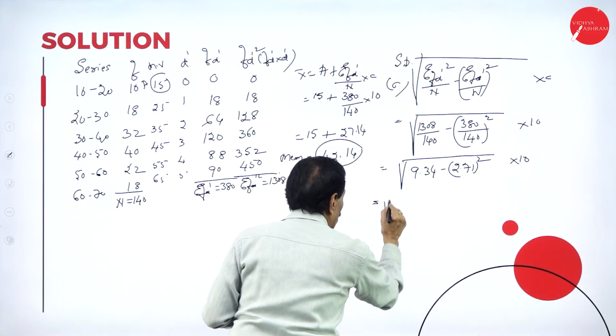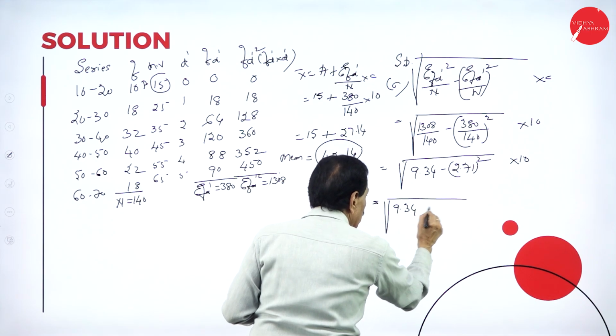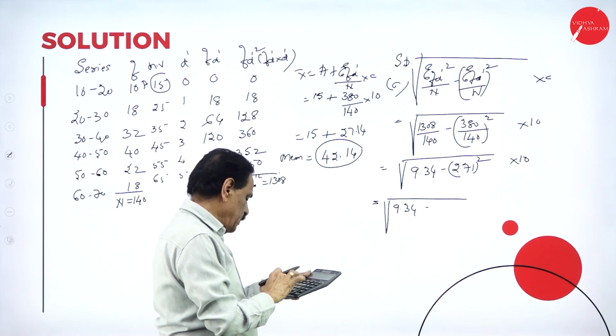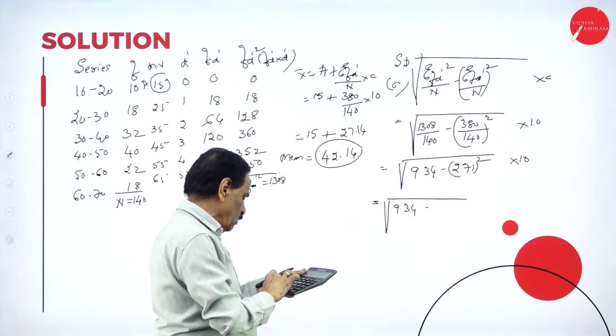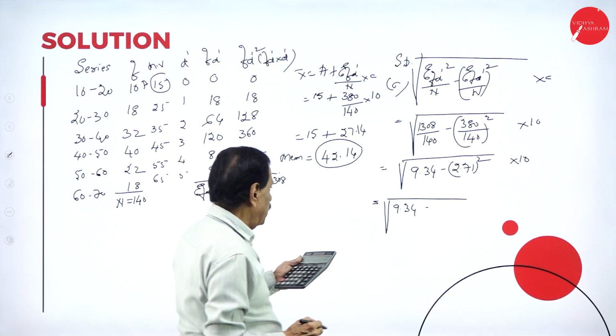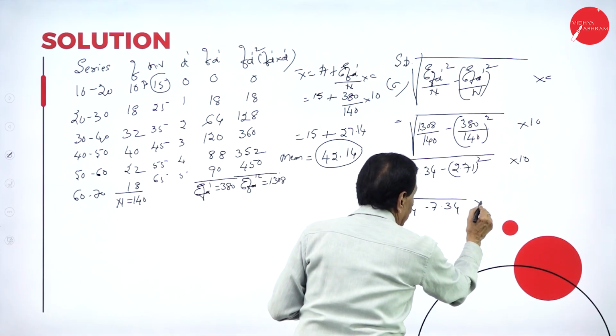Root of 9.34 minus 2.71 into 2.71, which is 7.34, into 10.